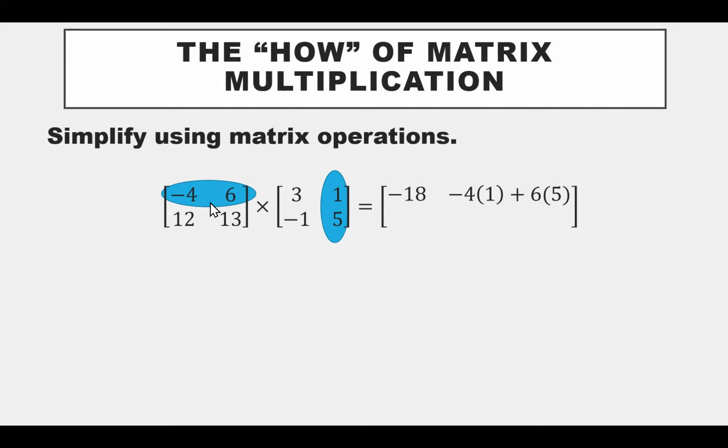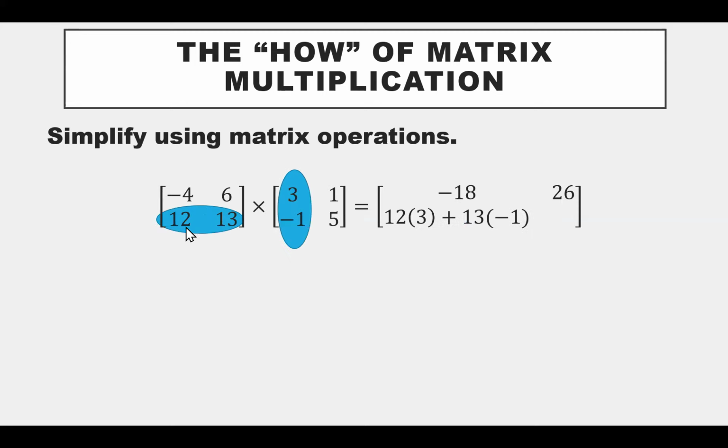Again, first row times second column is going to give me the 1, 2 entry. Now notice that after I do this, I'm out of columns to multiply times that first row. So then I'll move on to the second row and do the exact same thing.